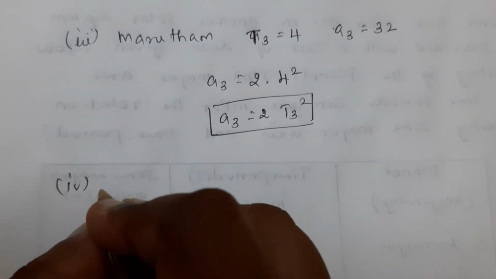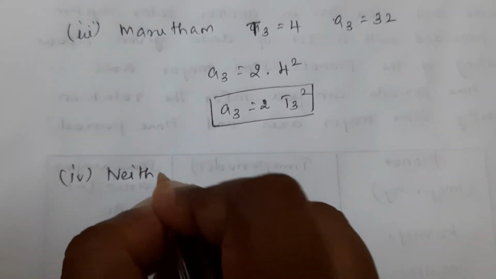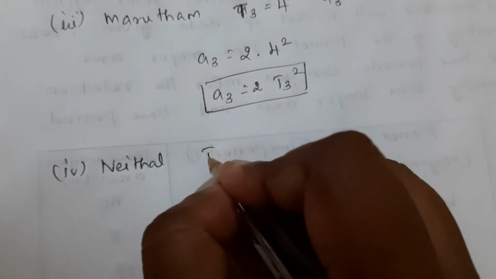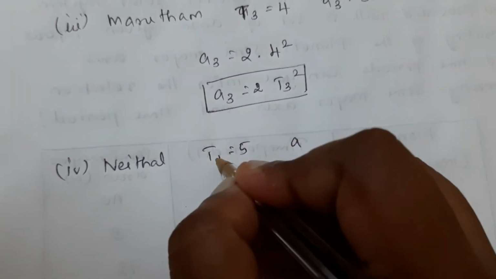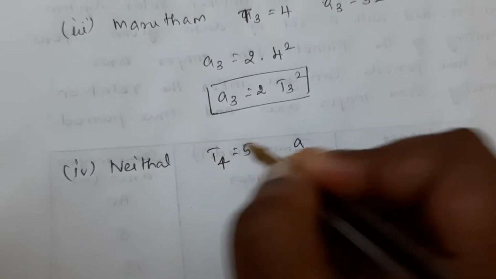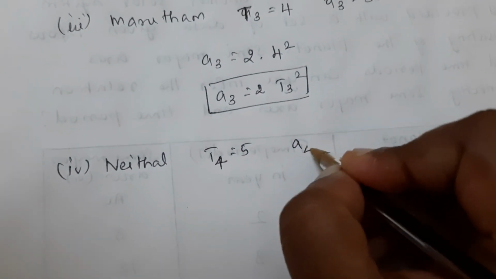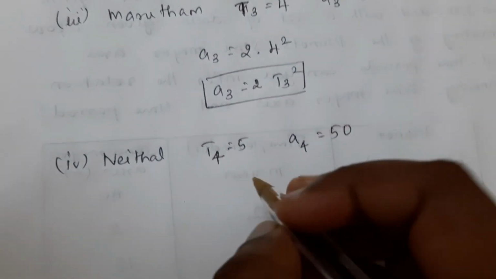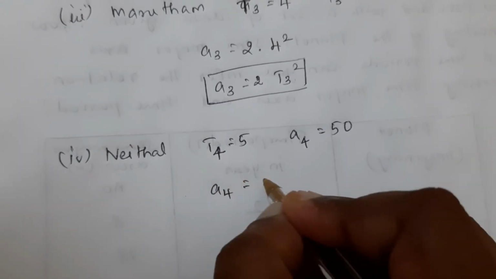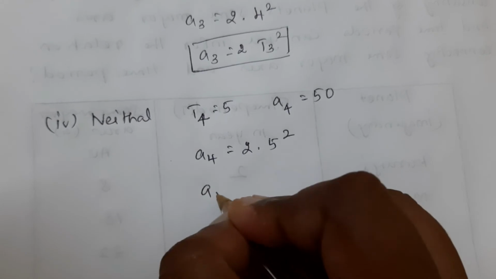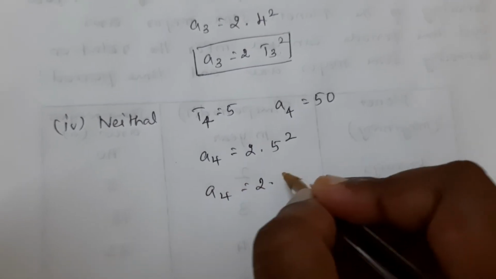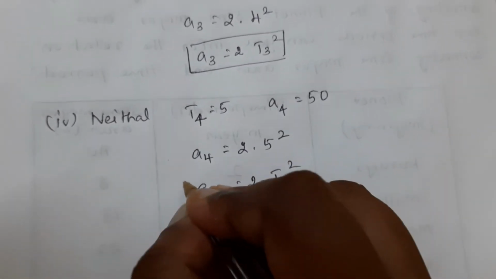Then the fourth one is Neithal. Here T4 we can take as 5 and A4 as 50. So A4 can be written as 2 times 5 square. So A4 is equal to 2 times T4 square.